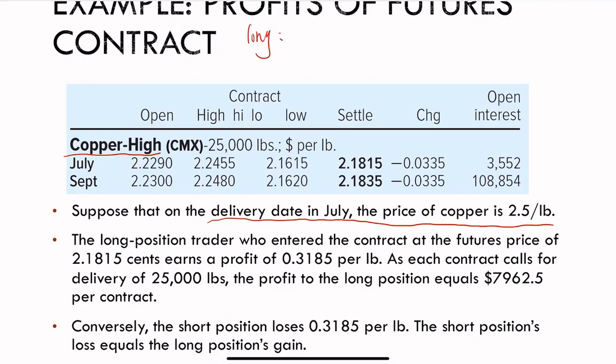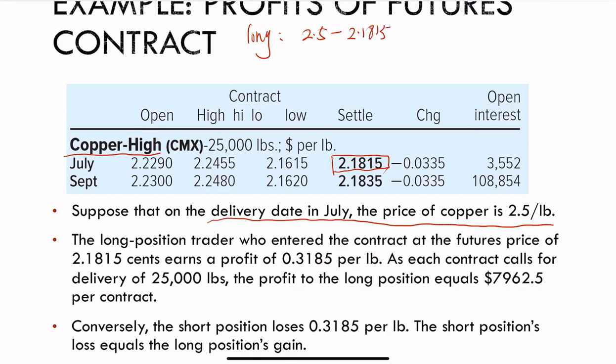If you're taking a long position, then your profit would be spot minus the initial futures price. Let's say this is your initial futures price, so you entered into this futures contract at this settlement price.